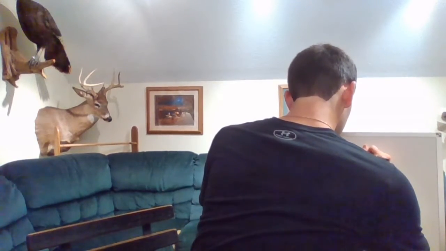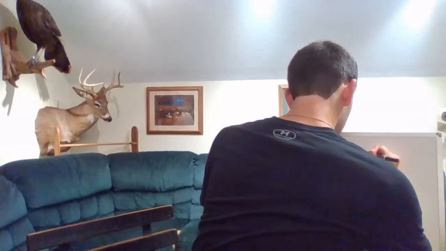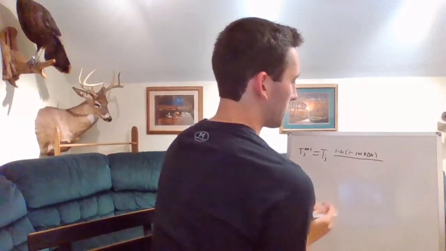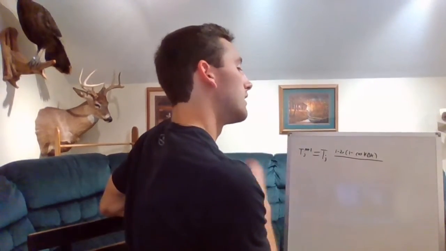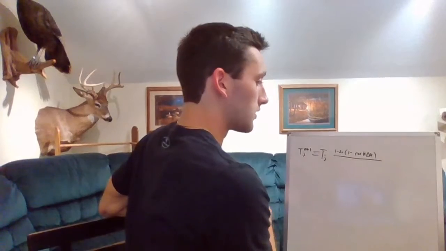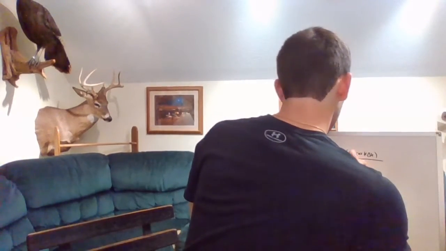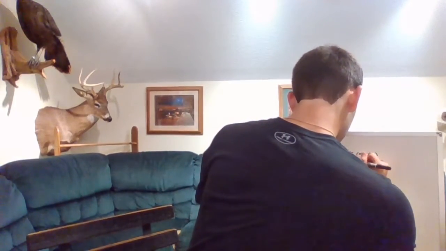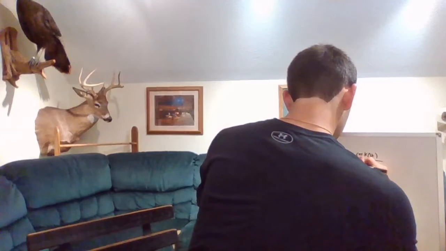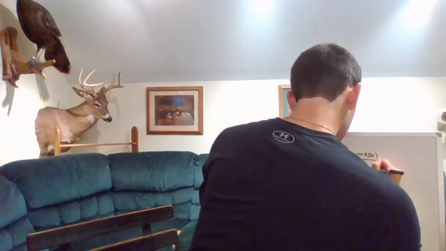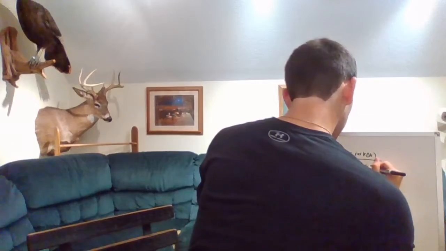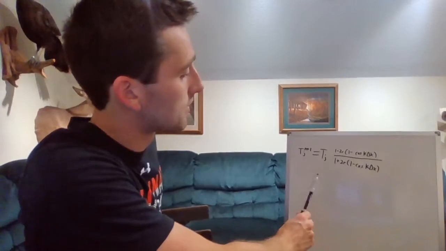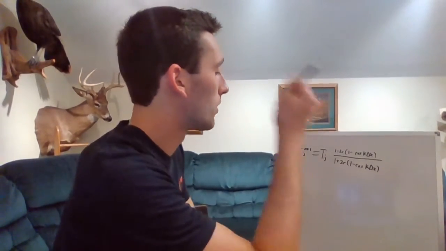Oh, 1 minus cosine k delta x. So in the numerator we have 1 minus 2r times 1 minus cosine k delta x. And in the denominator we will have something similar. So in the denominator, we have essentially the same thing, except we have 1 plus 2r and 1 minus cosine k delta x.